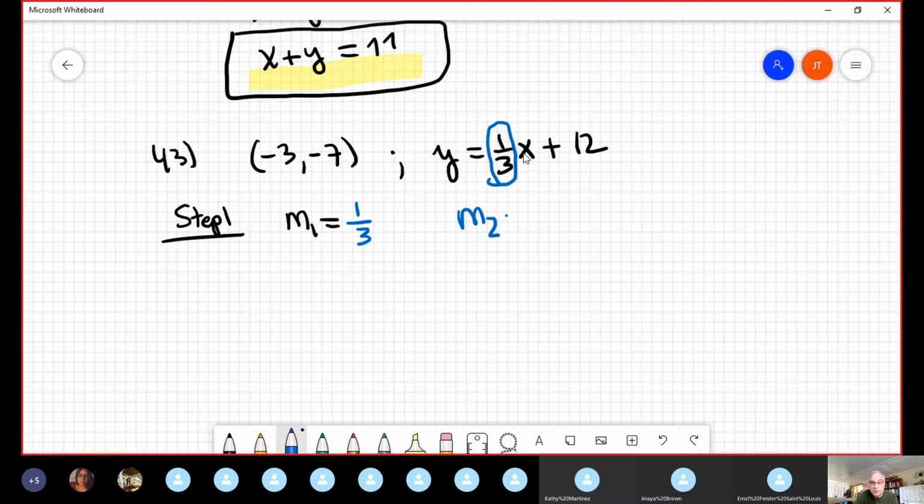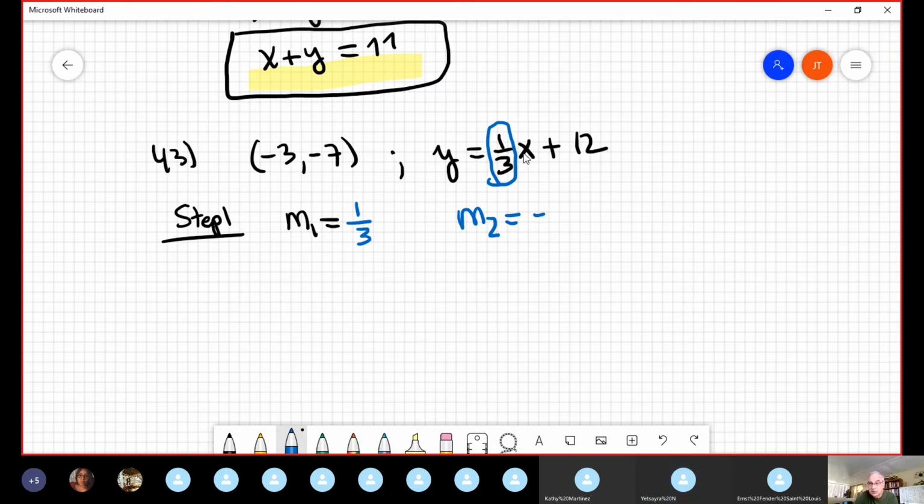Now, what is slope 2 now? Slope 2 represents the new slope for the perpendicular line to the original line. What is the formula to find slope 2? What should I do? Switch the fraction and negative.